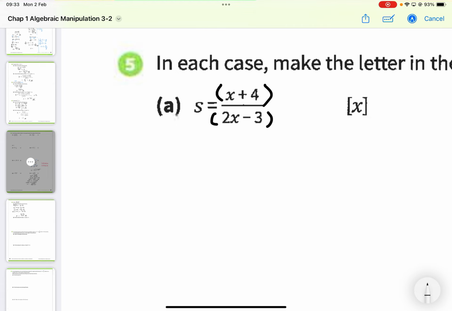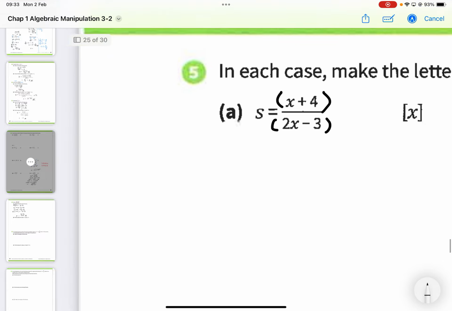Then my thinking will be how do I make x on itself alone. Then the next thing is this bracket is the denominator. I want this x, but this x is inside the bracket. The bracket is at the denominator. I don't want it to be at the denominator.